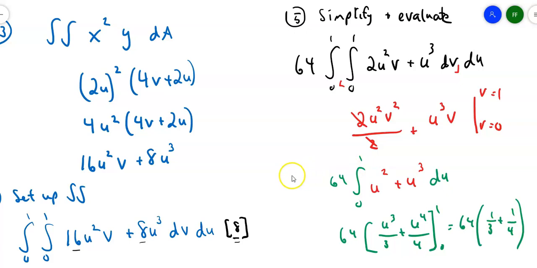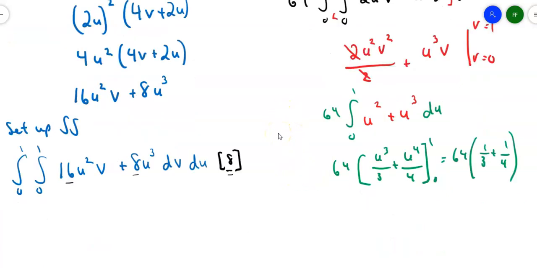I'm going to have to go down to 12ths, which is not bad, right? 1/3 is the same thing as 4/12. 1/4 is the same thing as 3/12. So I'll end up with 64 times 7 over 12.